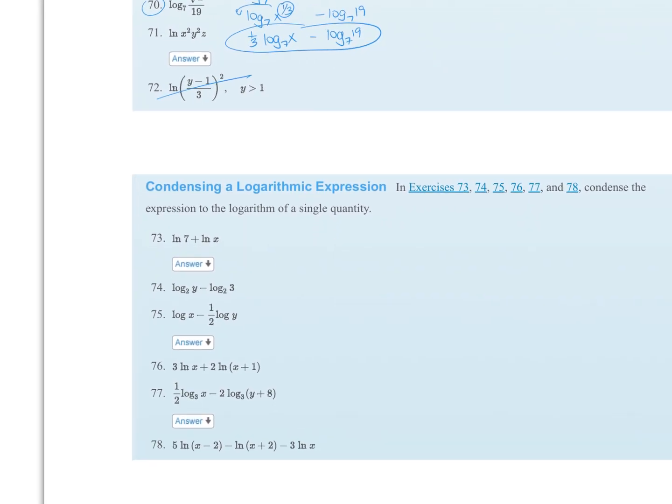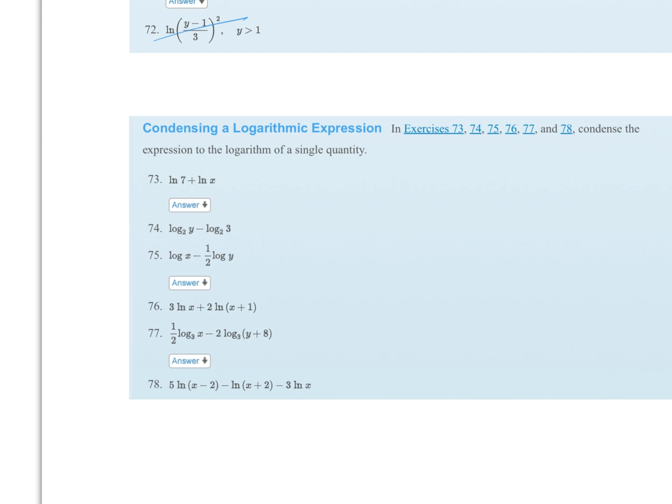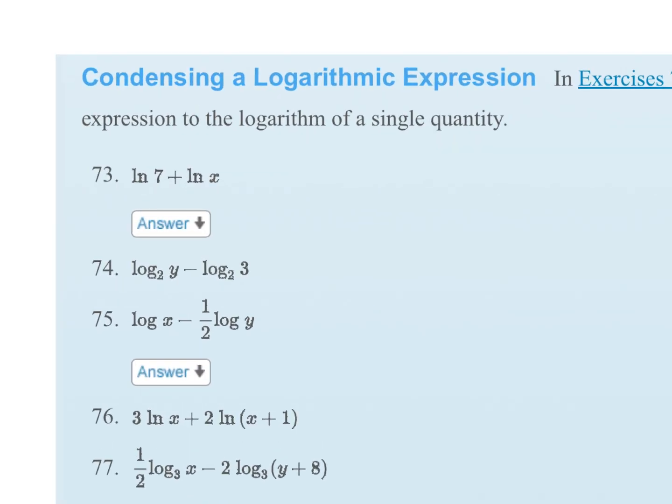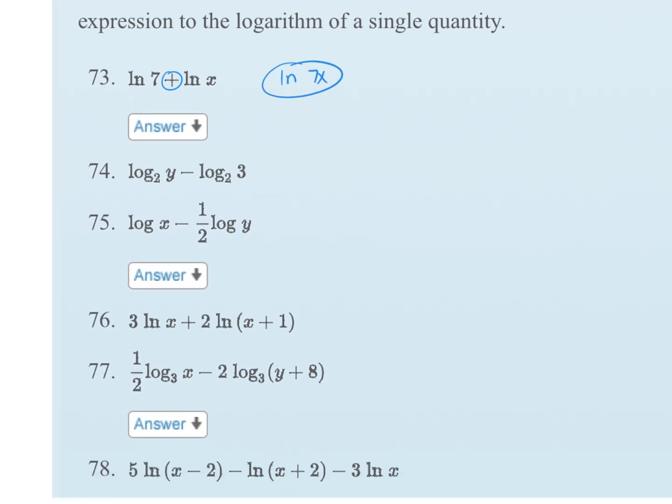Now let's try condensing. So if I'm condensing, then I have to get it back to 1. So like in 73 here, these are being added, which means really I'm multiplying them, and that's condensed, okay? When I get to 75, let's try that one.